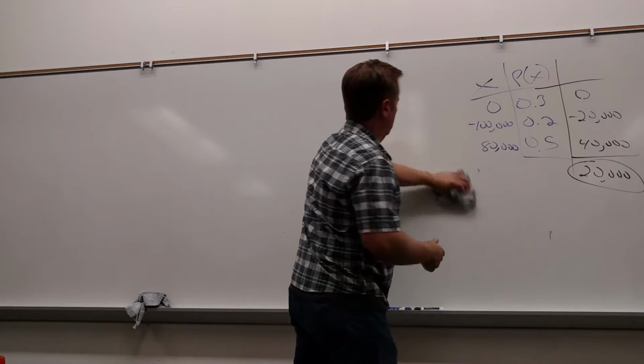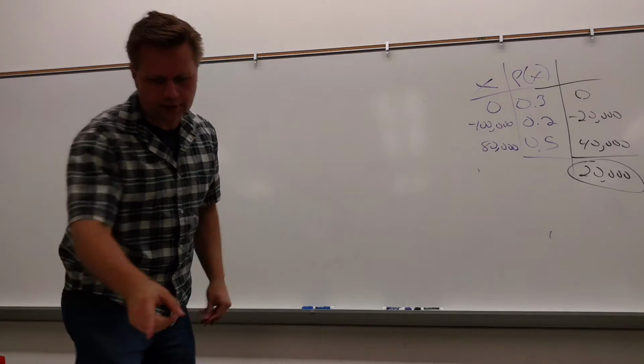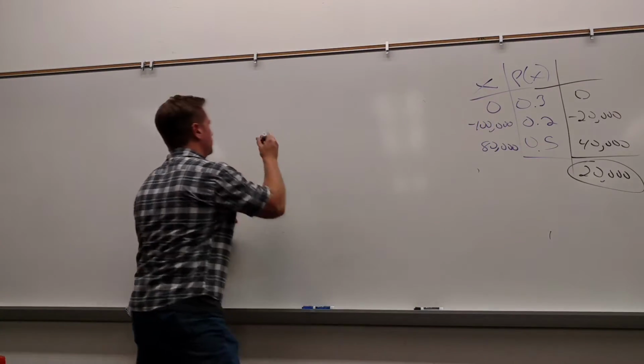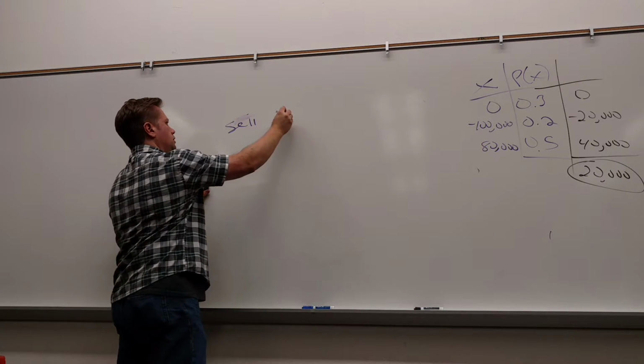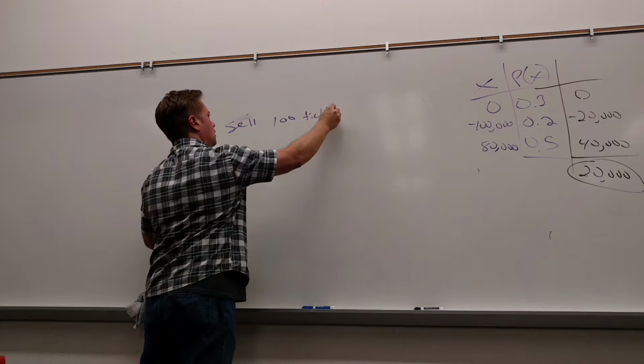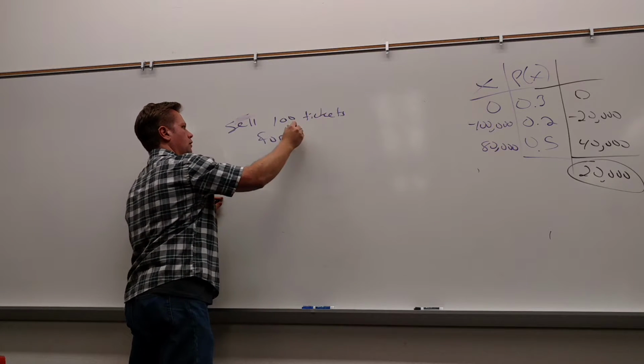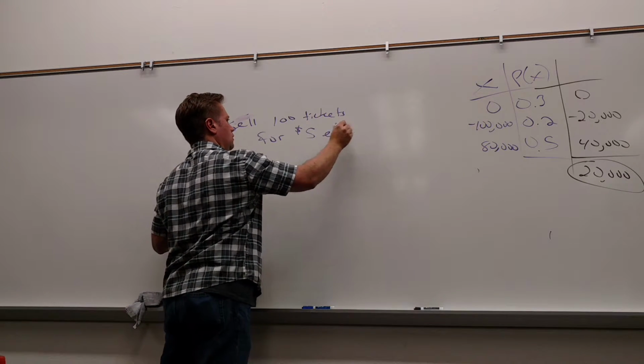All right, let's do one more with a price to play. I sort of got one like this on the handout. Let's say they sell 100 tickets for $5 each.